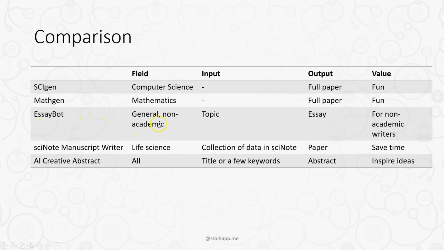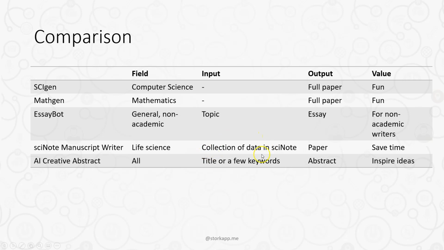EssayBot is not for academic, it's more for the general public. The input is a topic. For example, you can enter a sentence, and the output is an essay. I tried some academic topics. It does not work very well, so it is for non-academic writers. SciNote manuscript writer is mainly for life science.